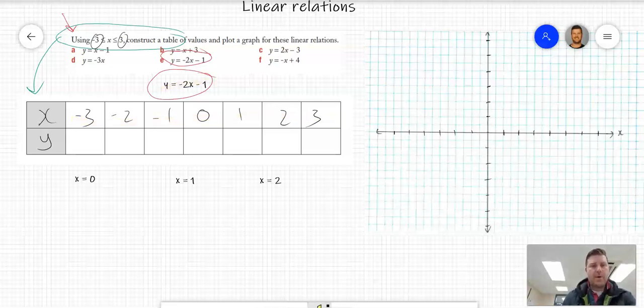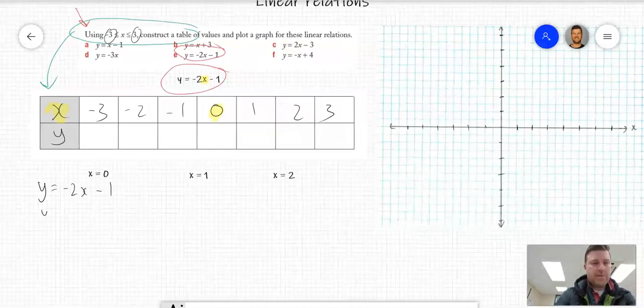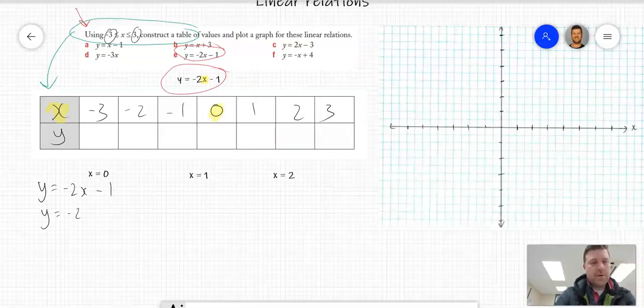I'm actually going to start with 0 because I find that easy. I'm going to substitute that into the equation for x. So let's rewrite the equation: y = -2x - 1. Now -2x means -2 times x. So y = -2 × 0 - 1.